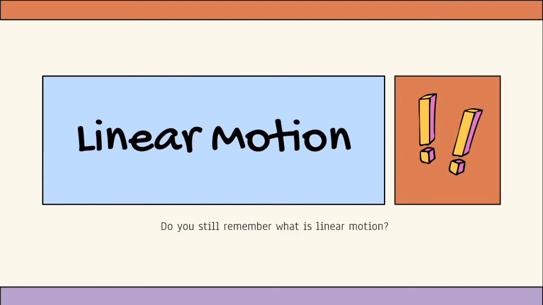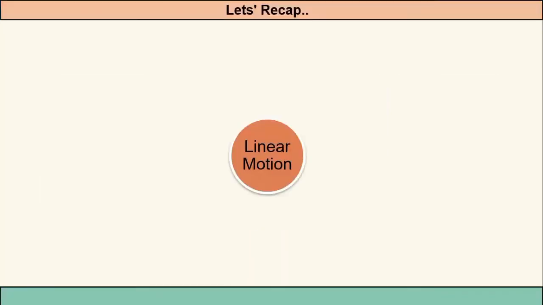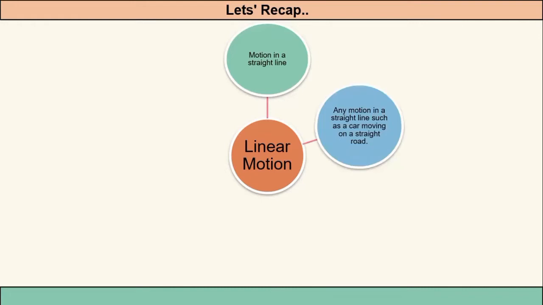Any moving object going in a straight line. Okay, very good. Linear motion is a motion in a straight line. An example of linear motion is any motion in a straight line, such as a car moving on a straight road.